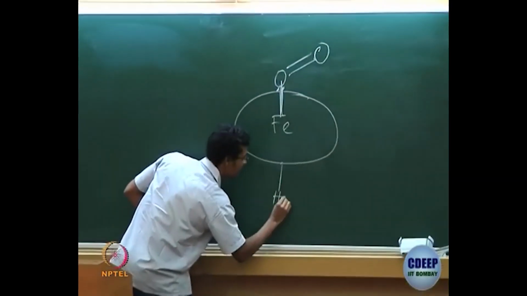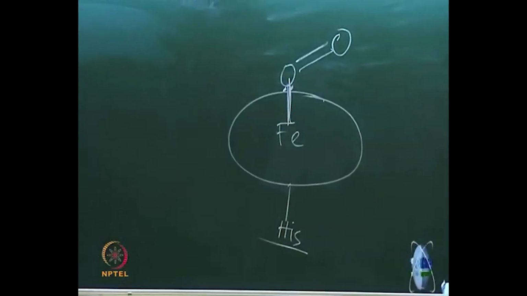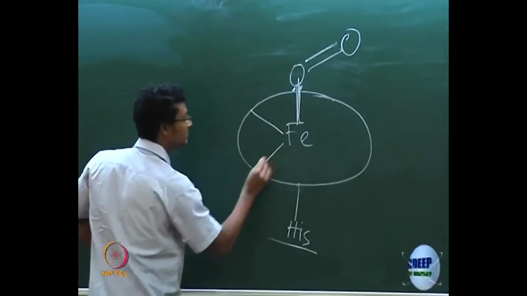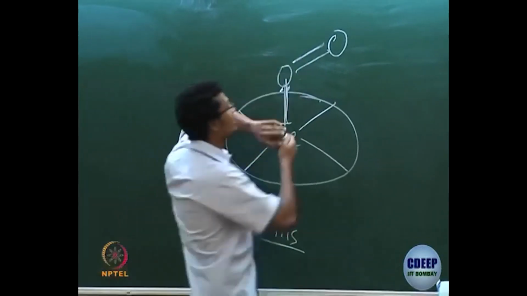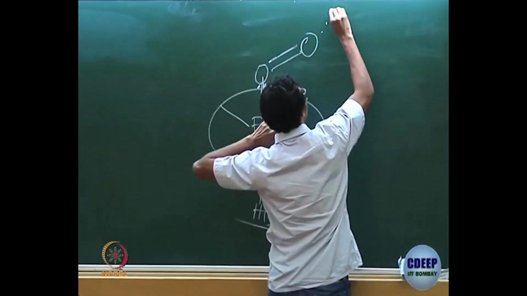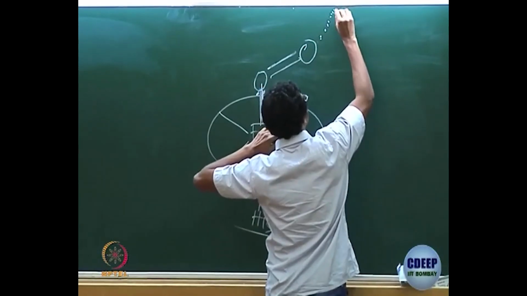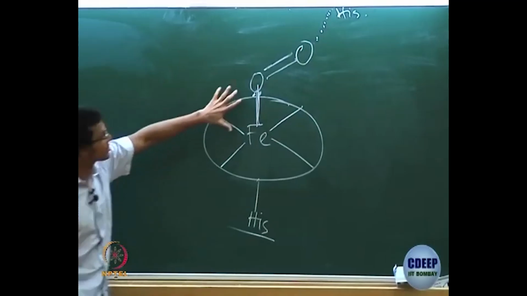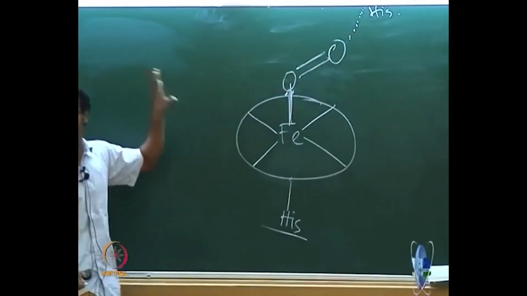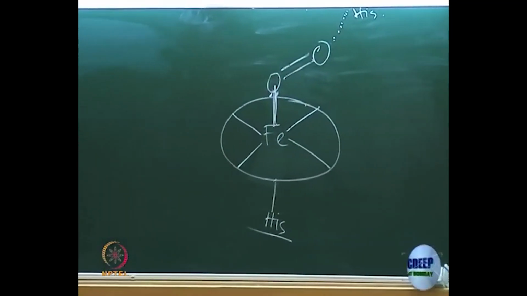The one below is again your histidine unit, right. This is your porphyrin. Now, this oxygen, you will see, has a hydrogen bond from another histidine. So, this hydrogen bonding also gives stability to the structure.